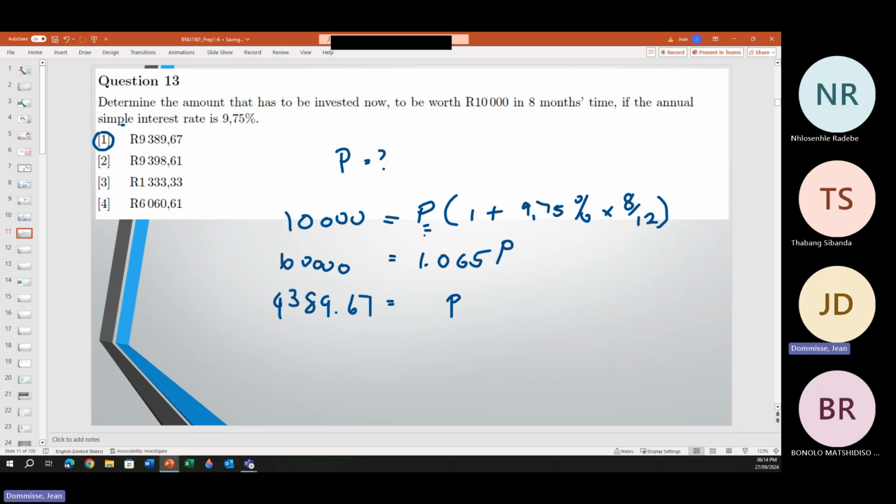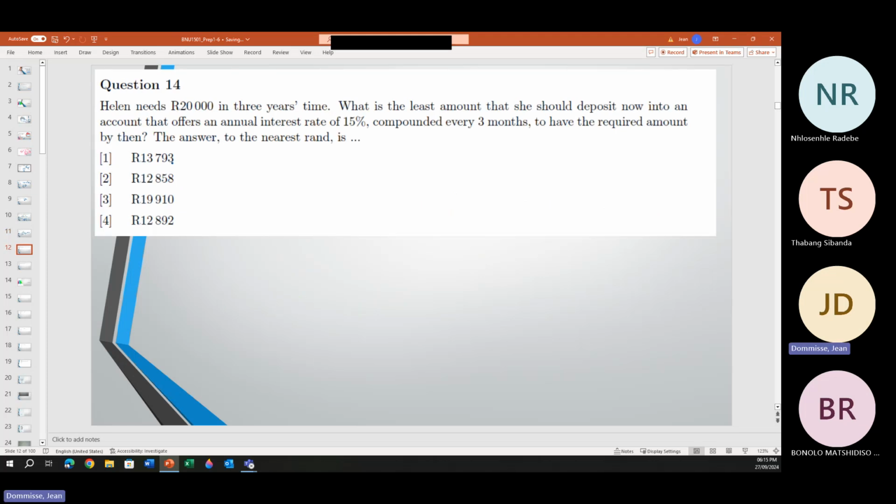Okay, so let's look at what the next question might be. Okay, so again, a financial maths question, but in this one, we're looking at things that are compounded.